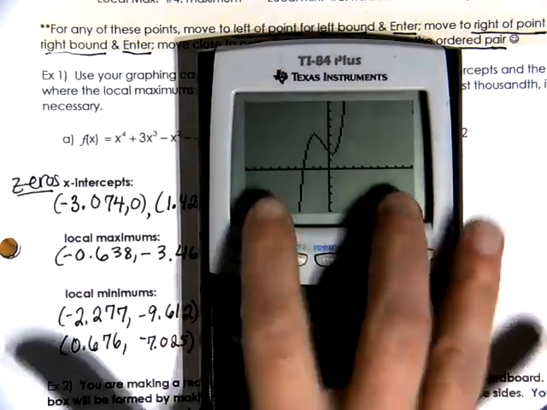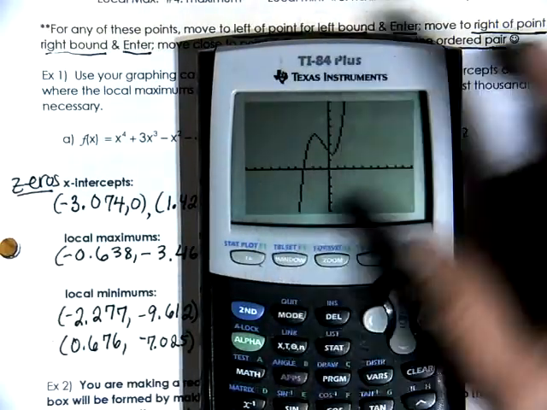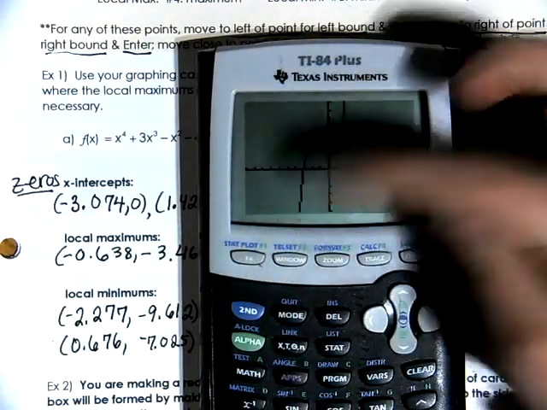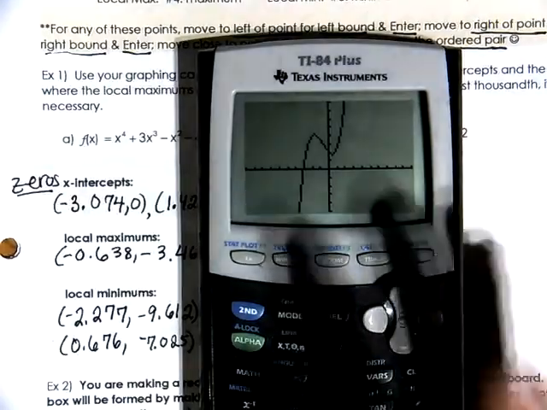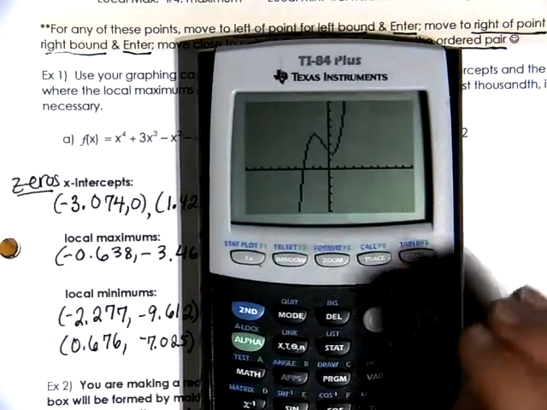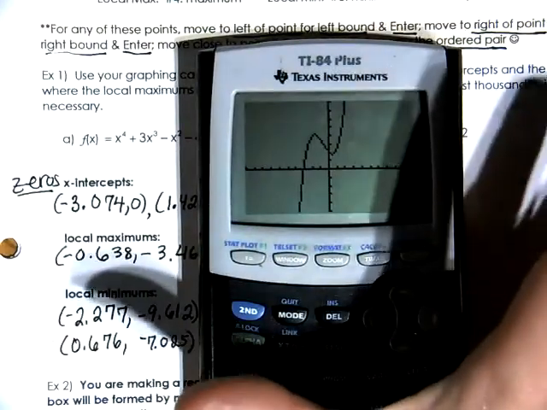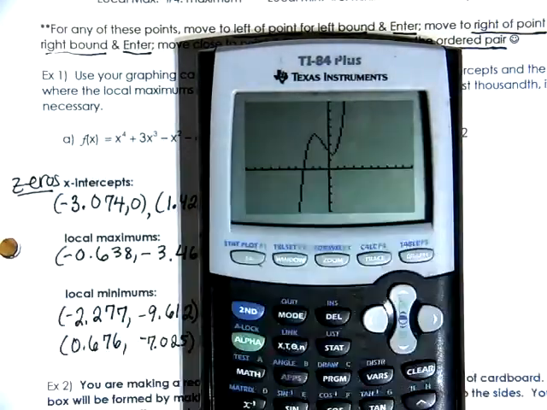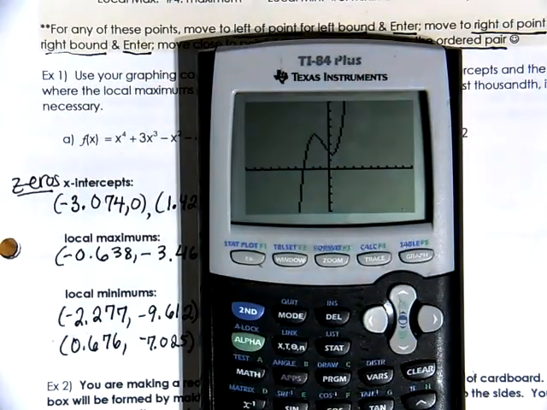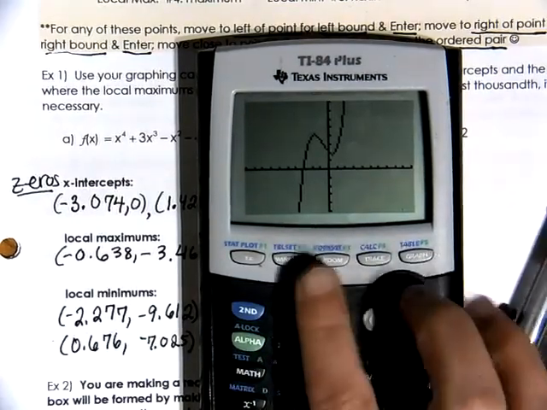Oh yes, I really like this because I can clearly see the behavior in my graph. So always be open to changing your screen. Sometimes you might need to make the screen wider, sometimes you might need to narrow it. It just depends on what your needs are and the type of function that you have.